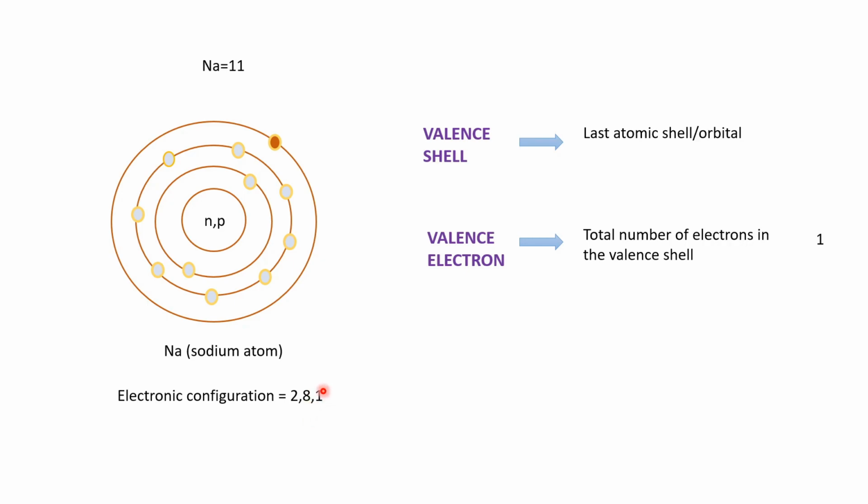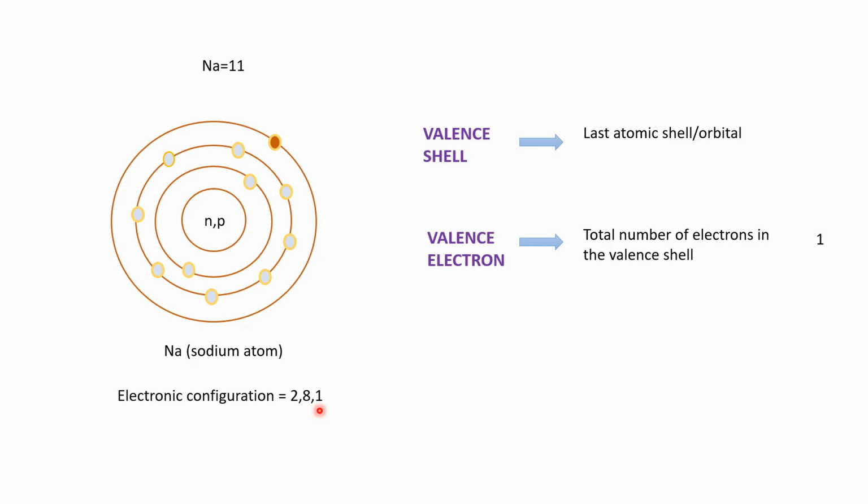In this third orbital the total electrons had to be 18 so that the atom becomes stable, but it is 1. So there are two options left for the atom: either it accepts 17 more electrons to get stable, or it gives one electron away so that it becomes stable. The better option is giving one electron away rather than taking 17 electrons.